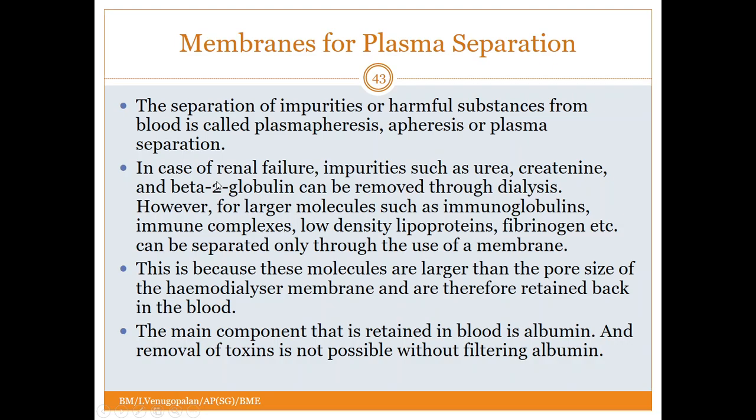However, if there's a renal failure, then you need a device called the dialyzer or the hemodialyzer or peritoneal dialyzer, basically depending on whichever one you're choosing to use. So, a dialyzer is required which takes over the function of the kidneys. So that would remove urea, creatinine, and beta 2 globulin from your blood.